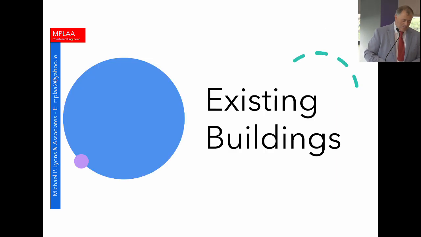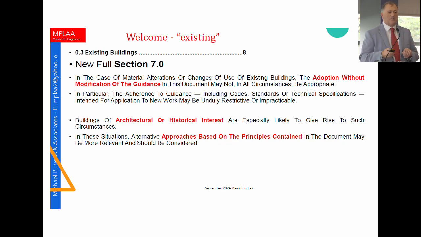because the title of this presentation was to include existing buildings, and I'm going to take a different view. It's brilliant that the new version of the TGDB has a section on existing buildings. I would take the view that it doesn't actually give you any guidance on the compensating features to adopt.